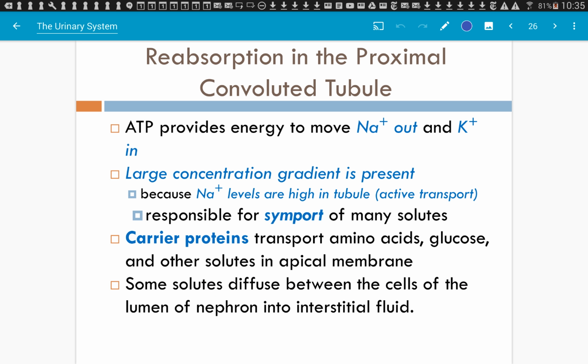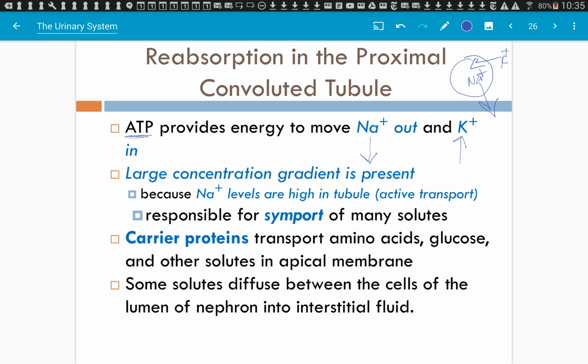Okay. Still talking about reabsorption. So remember that the sodium was actively transported across that basement membrane. So what we'd have is sodium is being pumped out and potassium is going in. So here's our nephron. Sodium is actively being pumped out to be reabsorbed while potassium is going in to get excreted.